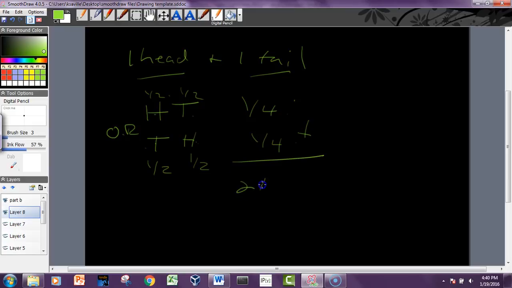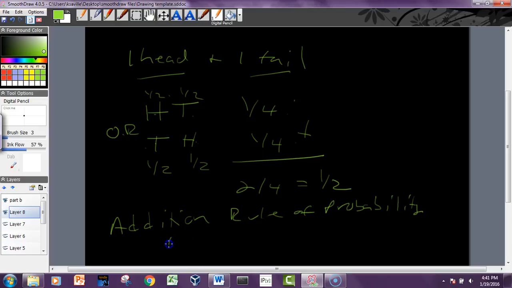So this is 2/4 equals 1/2. So that's the addition rule of probability. So if you want the probability of A and B, then you multiply. If you want the probability of A or B, A and B just being any probabilities, then you add them together.